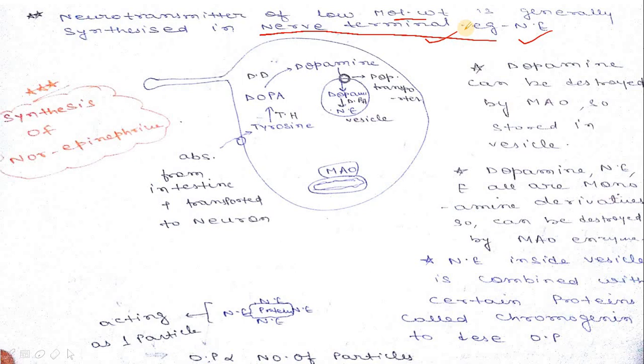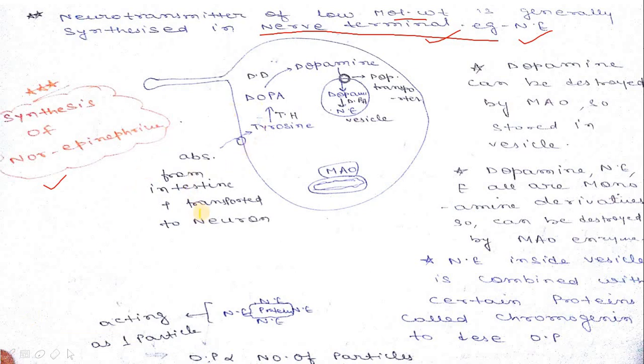How is norepinephrine synthesized? That is one of the most important points for pharmacology, because several drugs target several enzymes involved in the synthesis of norepinephrine. So first we will discuss the synthesis of norepinephrine.